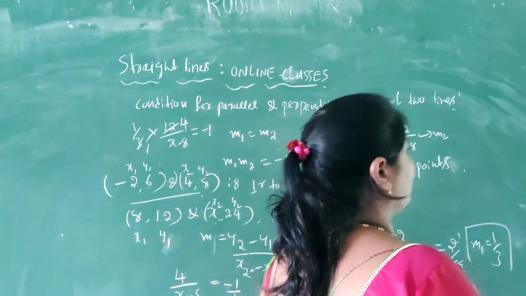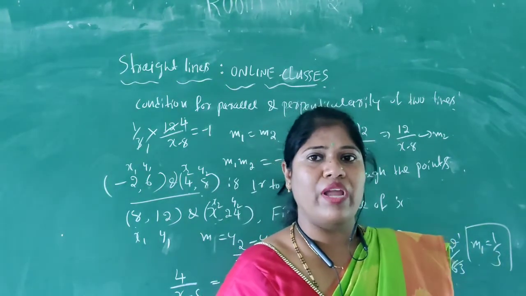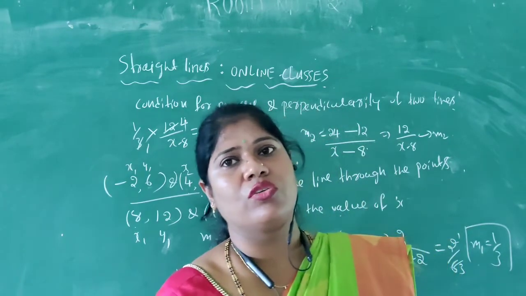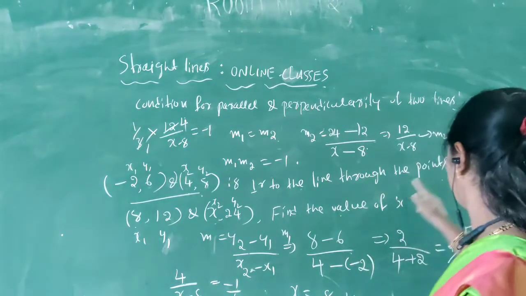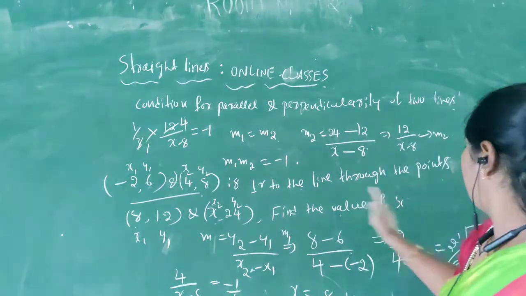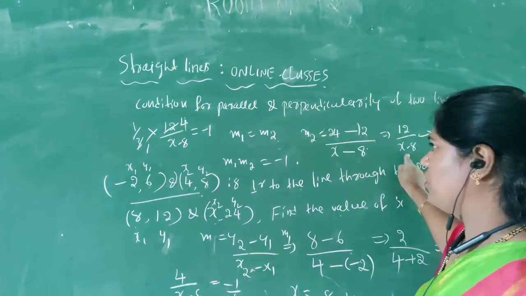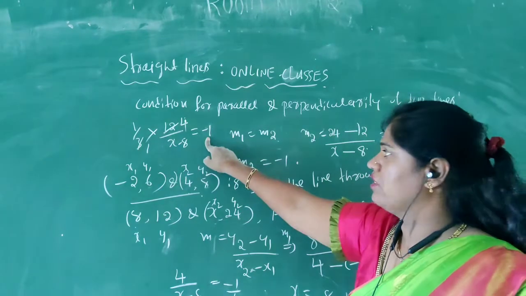After that, we have to use the condition for the perpendicularity of the two lines. The formula is m1 m2 is equal to minus 1. m1 is 1 divided by 3, m2 is 12 divided by x minus 8, which is equal to minus 1.